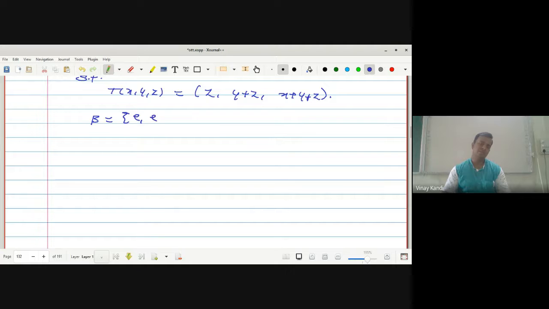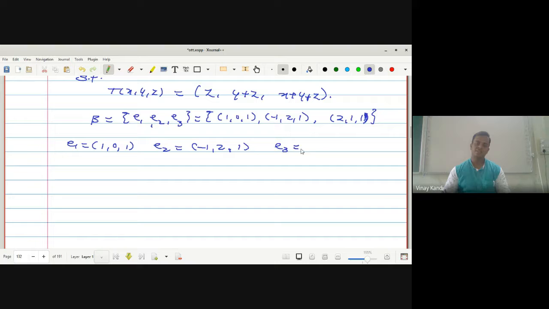B is equal to {e1, e2, e3}, which is equal to {(1, 0, 1), (-1, 2, 1), (2, 1, 1)}, where e1 is (1, 0, 1), e2 is (-1, 2, 1), and e3 is (2, 1, 1). This set is linearly independent and this set spans your whole R3 space. That's why this B is a basis.